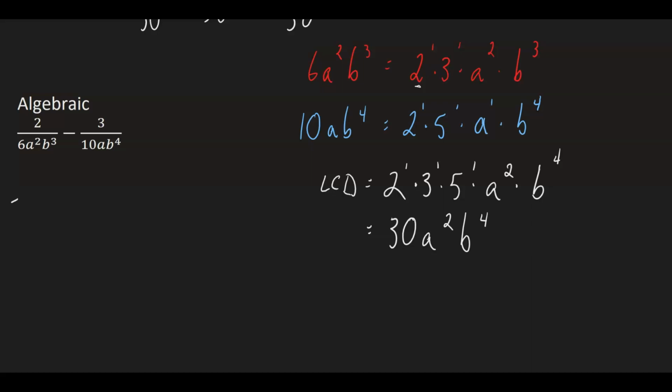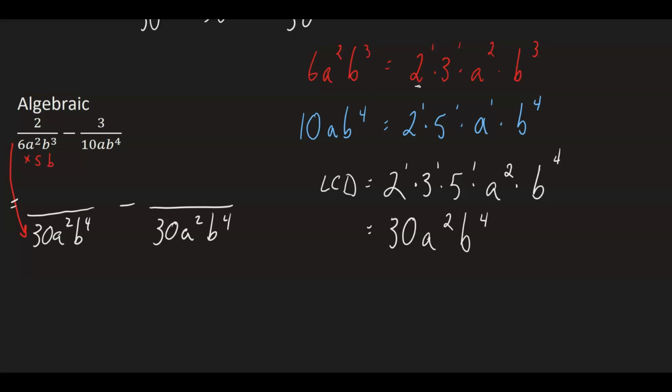We need to write each of our fractions over 30a squared b to the 4. So I want to think about going from, let's look at the first fraction, 6a squared b cubed. What is it multiplied by to get to 30a squared b to the 4? So we have to multiply it by 5, not by a squared because that's the same, but b.